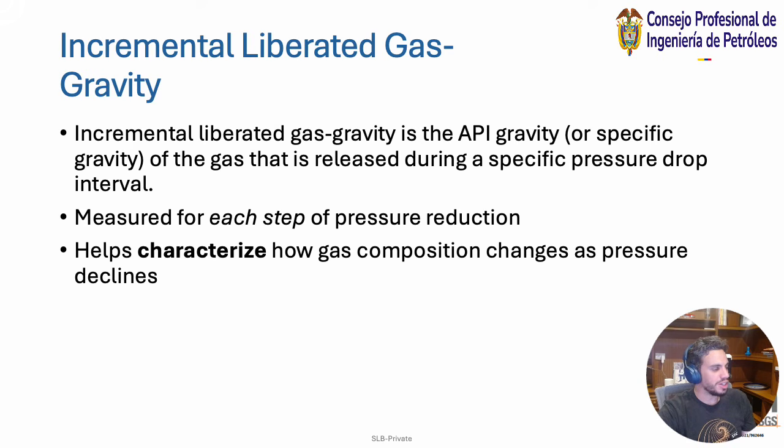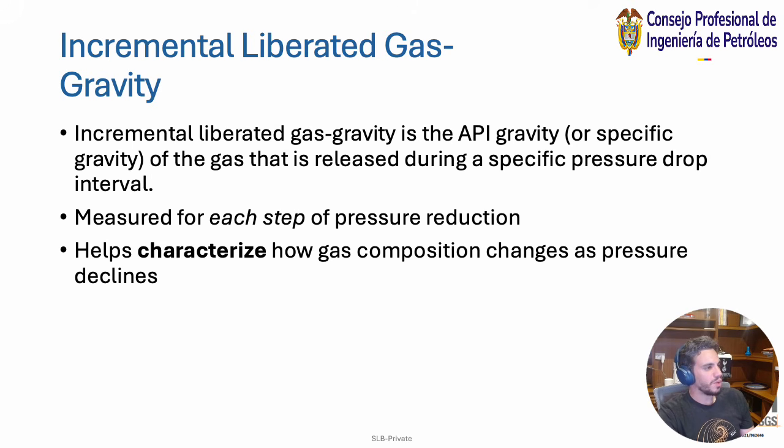So this is usually done incrementally, and it allows us to characterize how the gas composition changes over pressure declines. So over time, how is our gas behaving with this change in pressure, right? With this change in time.